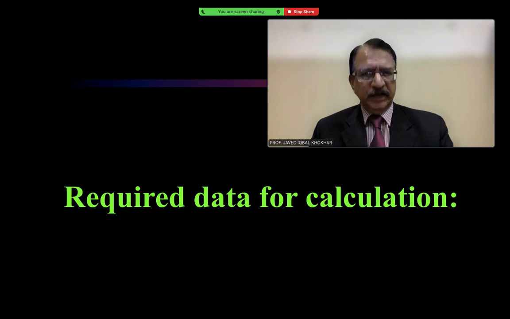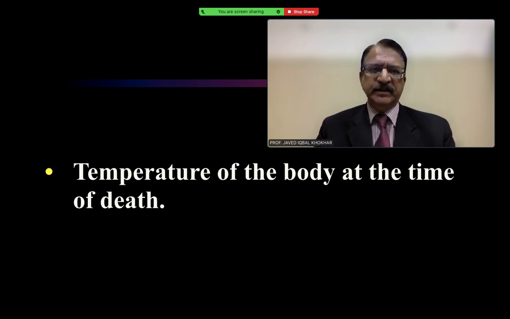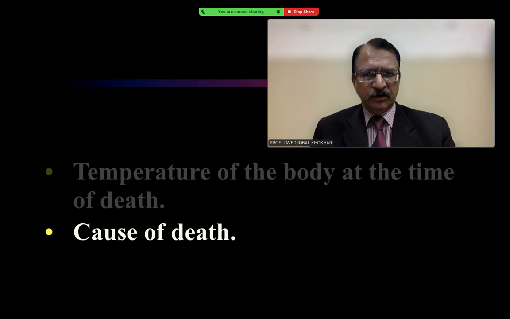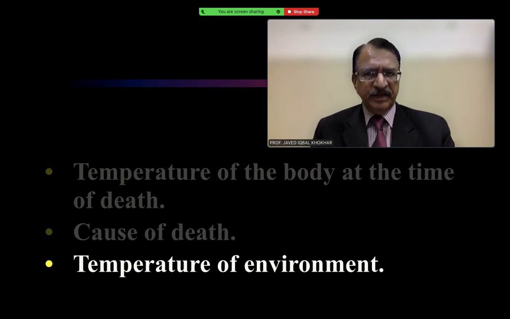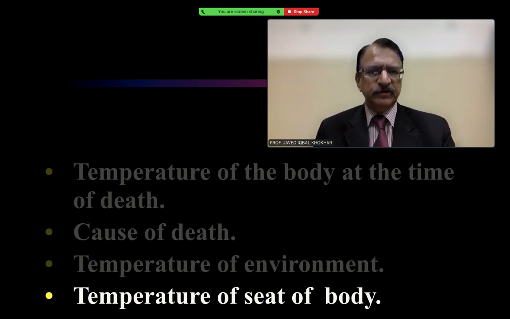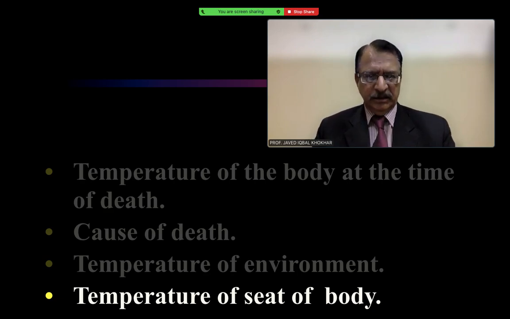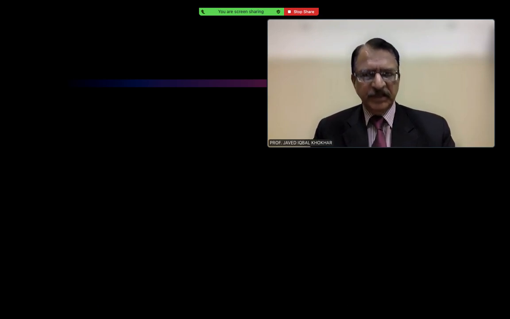So the required data for the calculation of temperature is that we should know what the body temperature was at the time of death, what was the cause of death, what is the temperature of the environment, and what is the temperature of the seat of the body, that is the temperature of the surface on which the body is lying. So these are the other things which we should know.